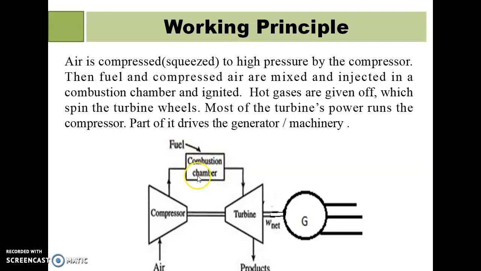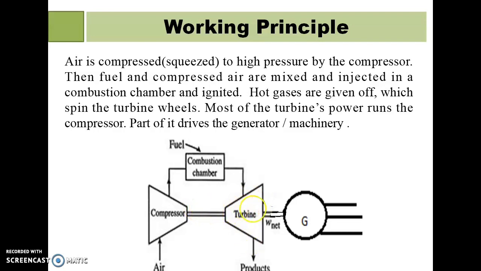In the combustion chamber, the fuel is injected, and that fuel is burned in the presence of the air. The hot, pressurized air gets mixed with this fuel, and together it gets burned. The combustion of this fuel produces hot gases, and those hot gases are given to the turbine, where the turbine utilizes them to rotate its blades, and the rotation of the turbine produces mechanical energy.